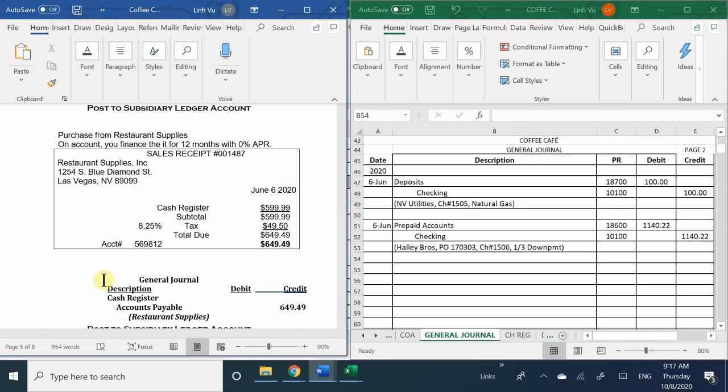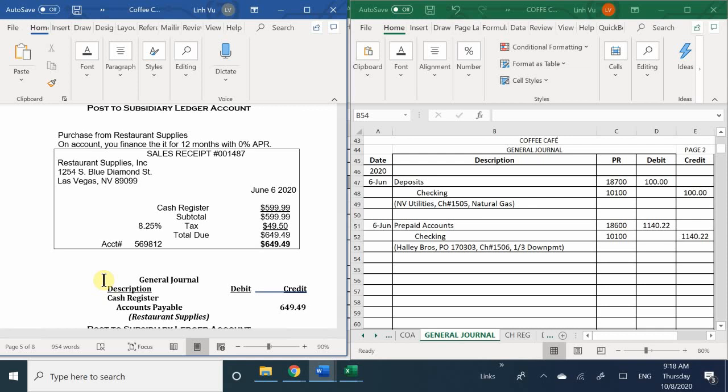No. When do you get the bill? At the end of the month, or the following month. So in this case, we are creating an accounts payable. The information is that we were able to get it on an account. So we did open up an account or got a credit card. Same thing, right? You have an account with them, they give you a card with your account number on it.